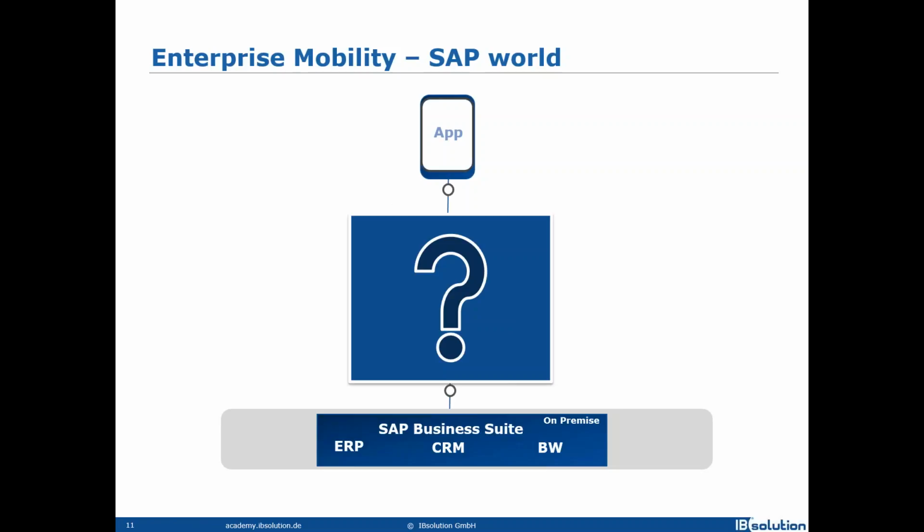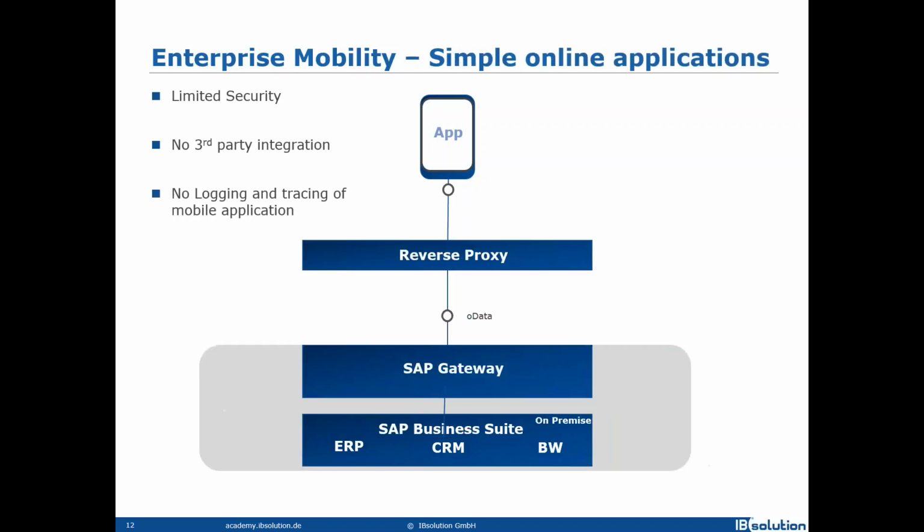How could I expose the data to the outer world? Well, the first option here is, for the SAP world, of course, we are now only in the SAP world. The first option here will be to use this scenario.